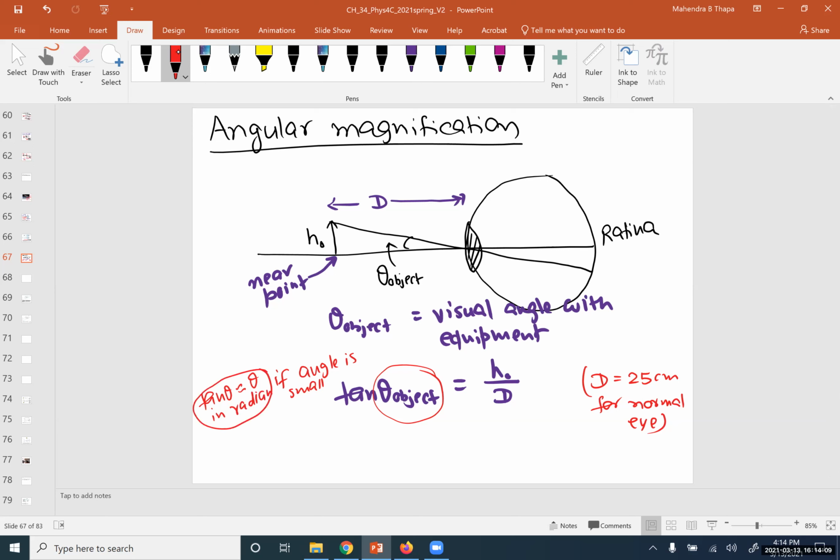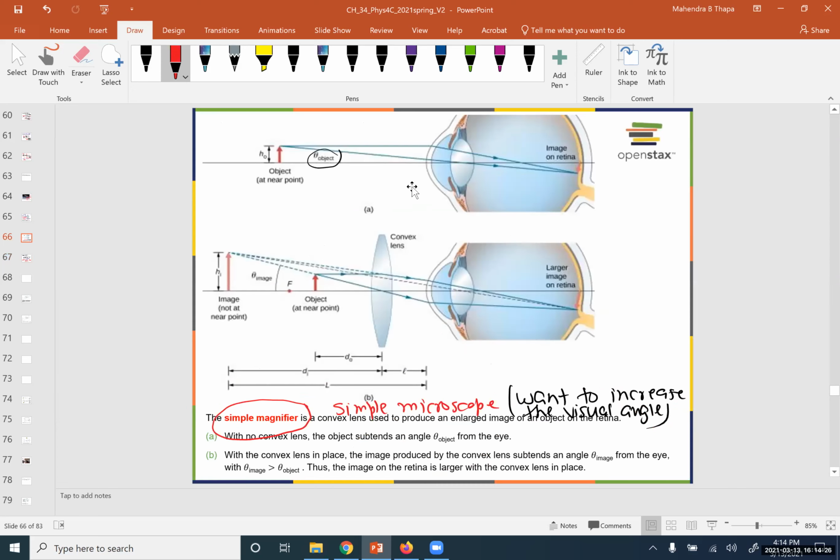So this means I can write theta object equals h0 over d. So this is the angle without using the equipment or lens. We don't have a lens over here. Now we are putting a convex lens in between the object and the eye lens.